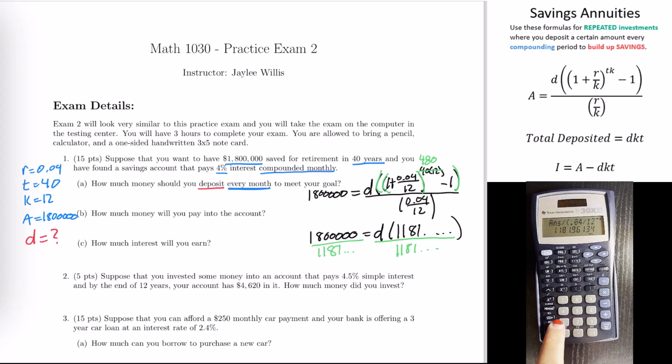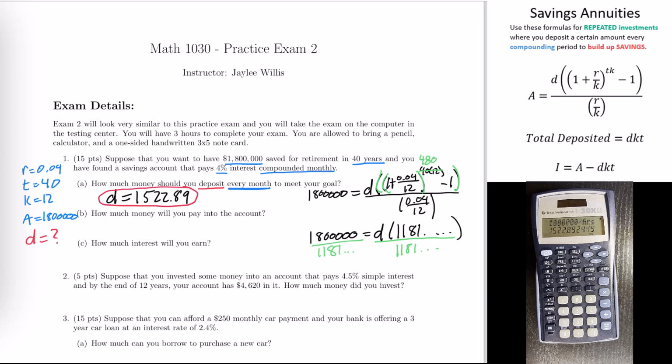And when I do that, so 1, 8 with 5 zeros after it, divided by the answer that I just found, I get that my monthly deposit needs to be $1,522.89. So that is my monthly deposit.